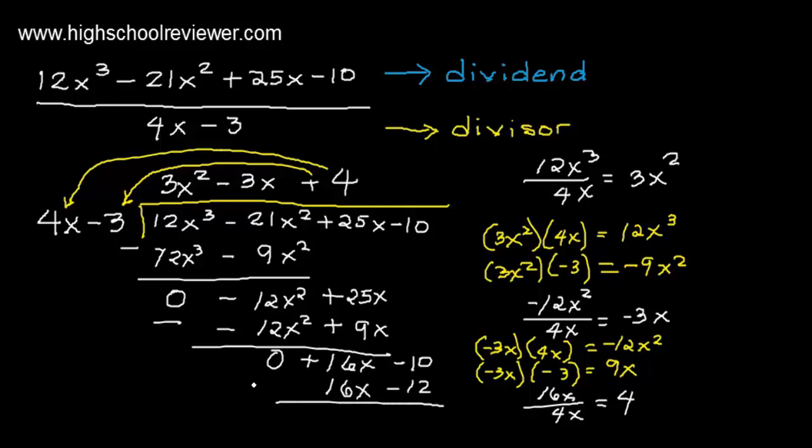And then subtract. 16x minus 16x is 0. So no need to write. Negative 10 minus negative 12, this will give us positive 2. So our quotient now is 3x squared minus 3x plus 4, and our remainder is positive 2. Okay, so let's write here the final answer.